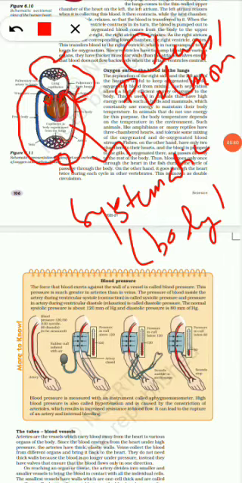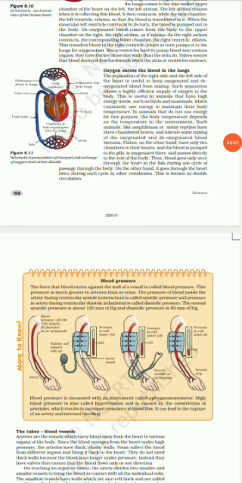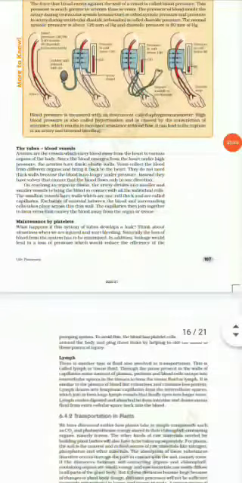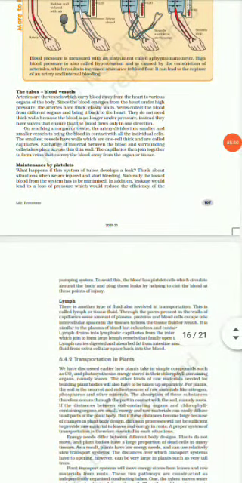Now coming to the tubes. We talked about arteries, and we talked about capillaries. The exchange basically happens in the capillaries. There should also be maintenance by platelets.